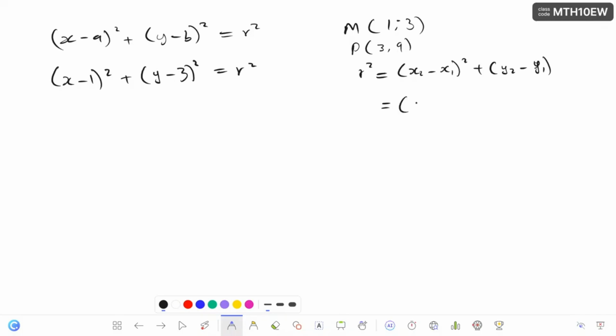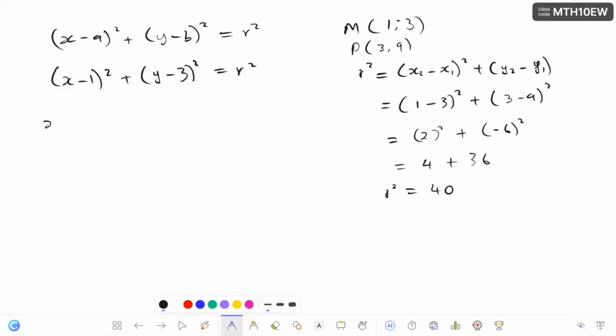So it's 1 minus 3 squared plus 3 minus 9 squared. This gives us 2 squared plus negative 6 squared, which is 4 plus 36. Adding gives 40. So r squared is 40, and the equation is x minus 1 squared plus y minus 3 squared is equal to 40.